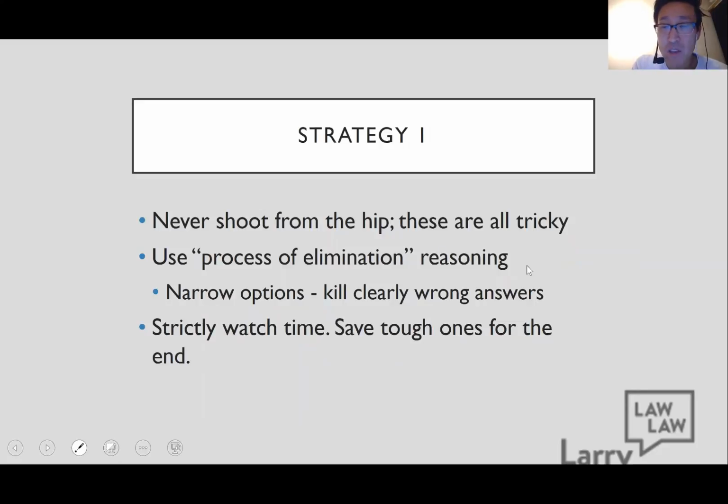Some of this stuff is pretty generic, some of it is not. So I have some strategic tips for you. One is never shoot from the hip. Be really systematic about how you answer these questions. They're very tricky questions. So never gaze at them and just say, that one feels the best.